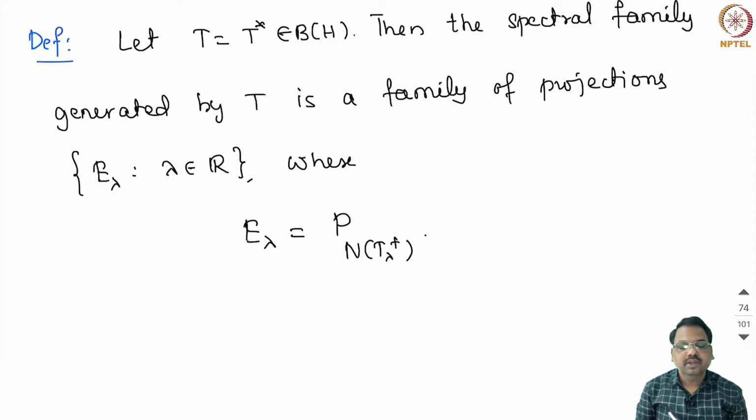So this family of projections we call the spectral family generated by T.